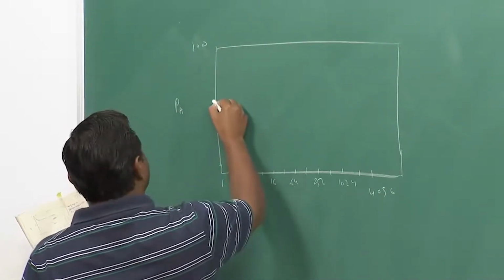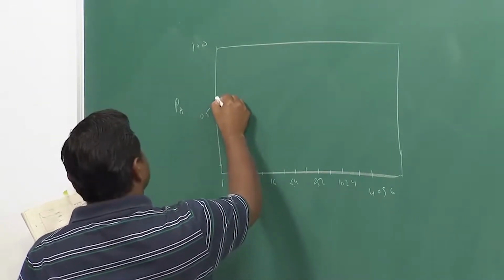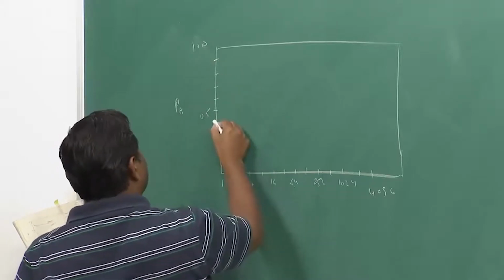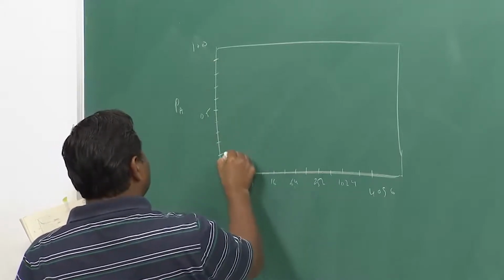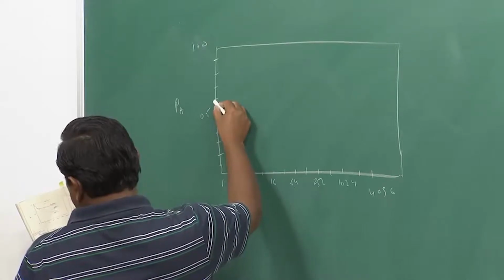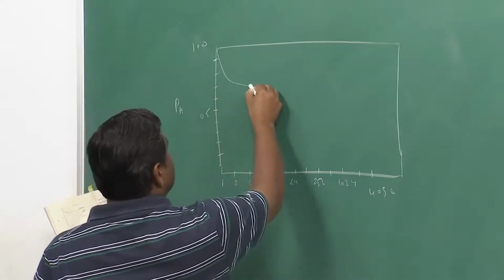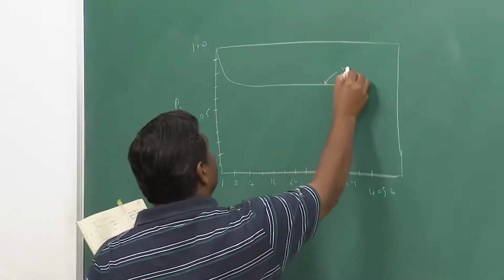This will roughly saturate at about 0.5, 6, 7, 8, 9. So roughly it will start saturating here, and this will be the crossbar.